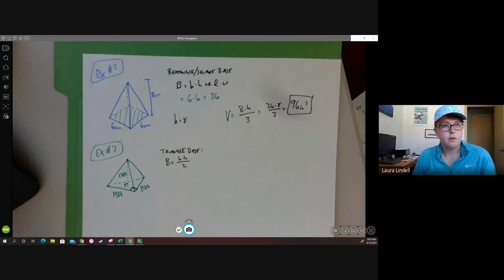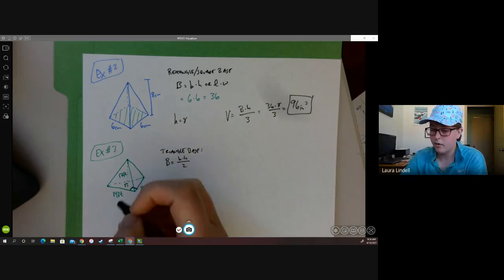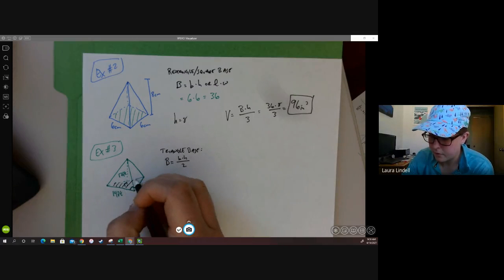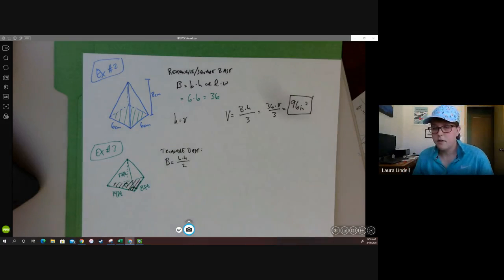Okay. So what are our base and height going to be for that bottom triangle? What do we think? What would the base and height dimensions be?